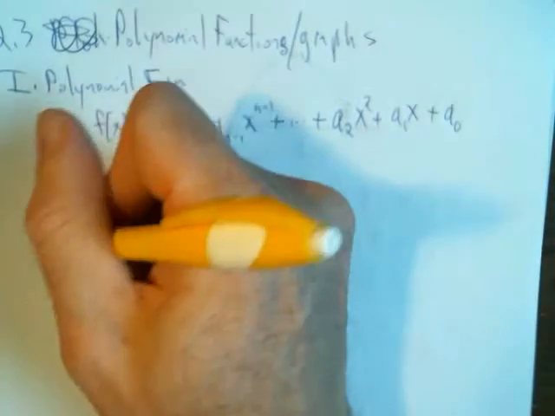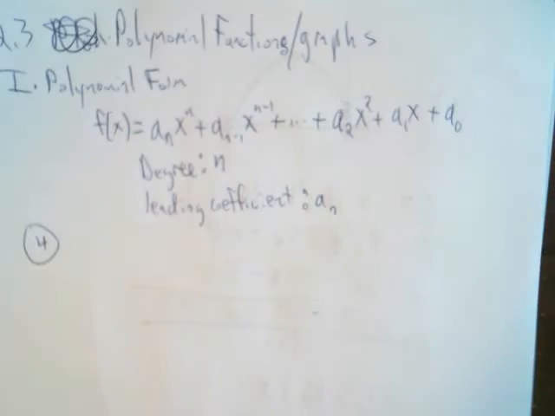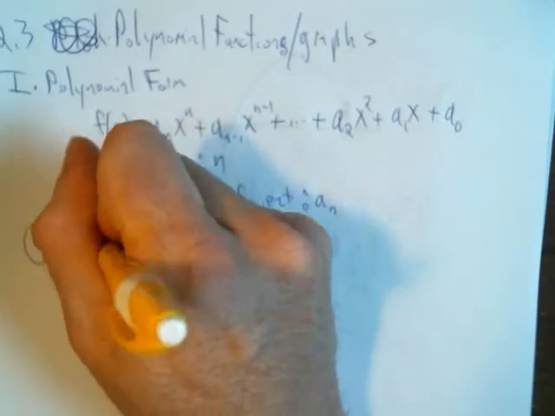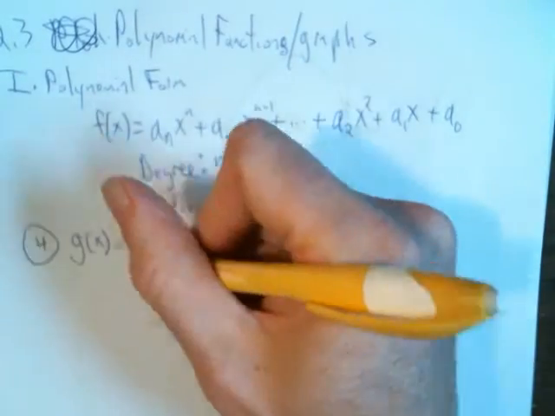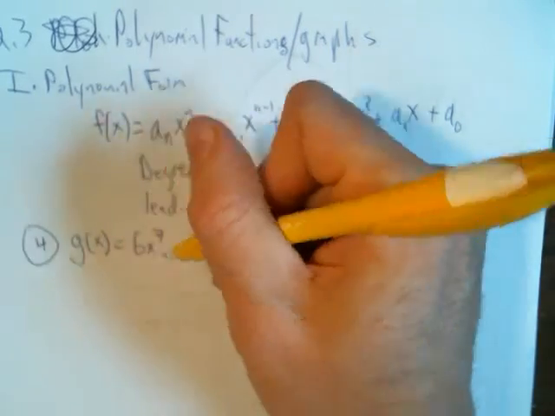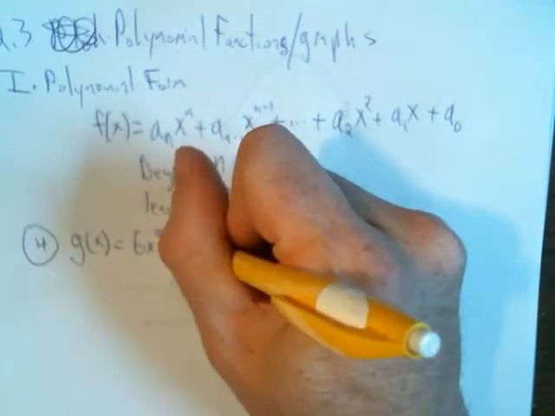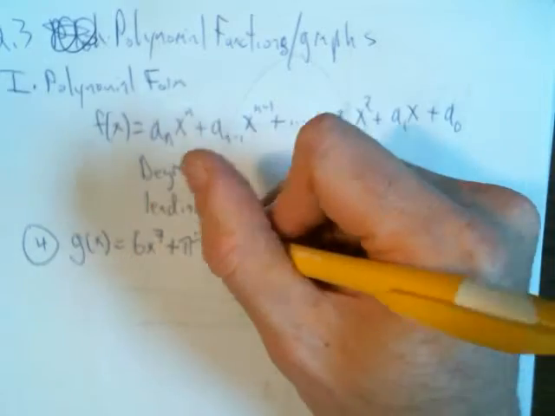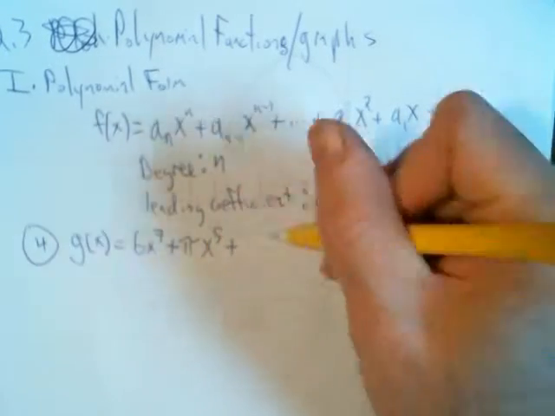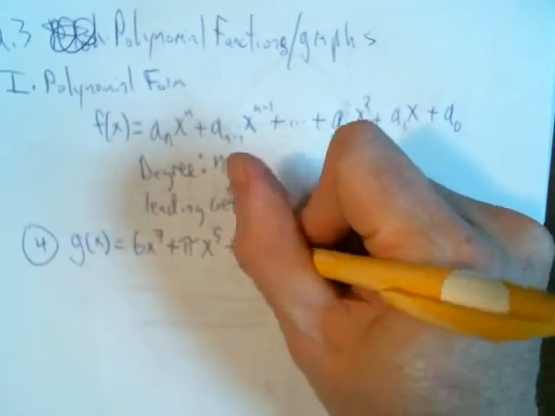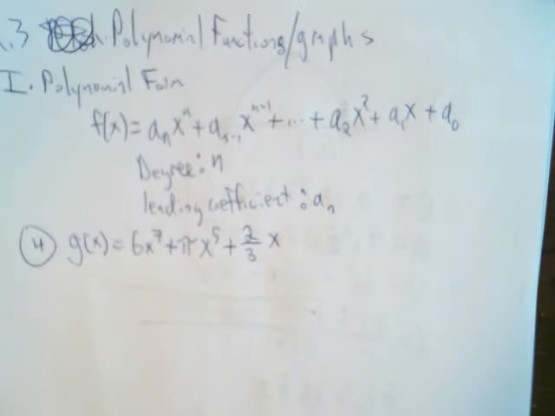Okay, so, in the beginning they have some easy identification problems. You have g of x equaling 6x to the 7th plus pi x to the 5th plus 2/3 x. I think they have some where they just want you to identify in particular, is it even a polynomial?